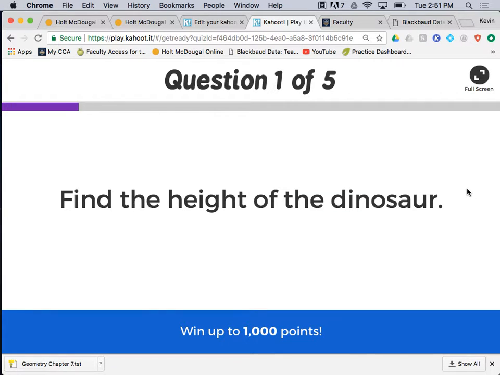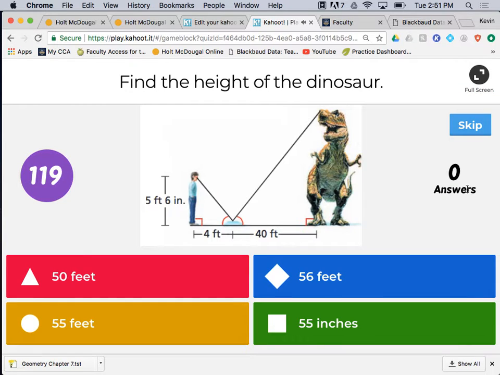Find the height of the dinosaur. Pretty darn tall. That's a Tyrannosaurus. First off, you gotta convert to inches, right? So 5 feet is 60 inches, so this is 60 plus 6 or 66 inches. 4 feet is 48 inches. 40 feet is 480 inches.